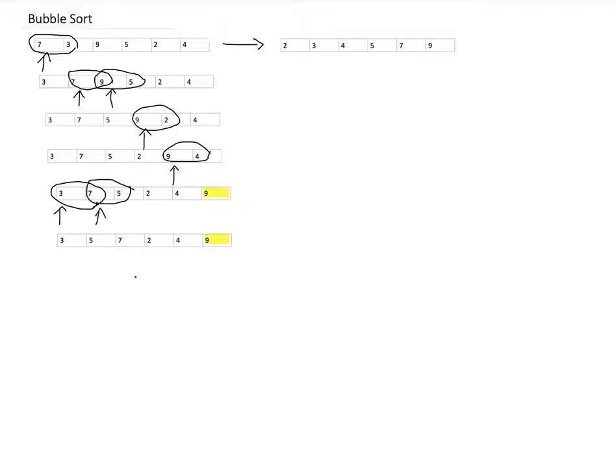So in the next step, we are going to move the pointer to the next location and we'll compare 7 and 2. Because 7 is larger than 2, we have to swap. So let's swap.